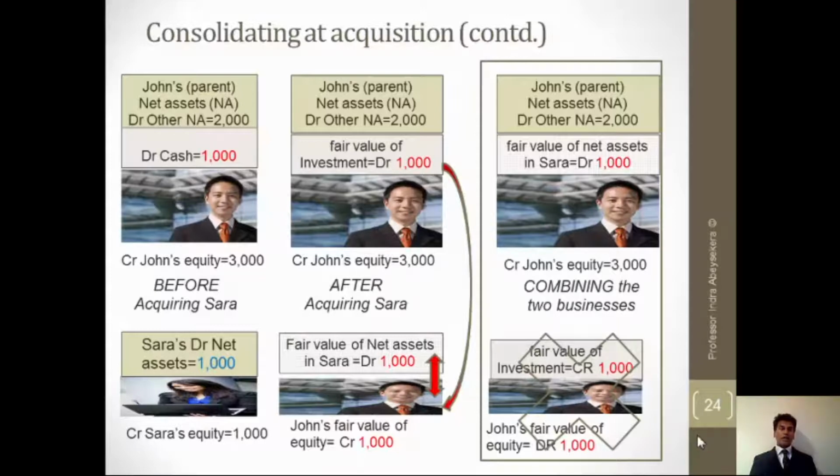Let's take here John bought Sarah's company. John had cash of 1,000 and John invested that, gave it to Sarah, and for John it's an investment, and Sarah sold her shares, which is worth 1,000 to John.